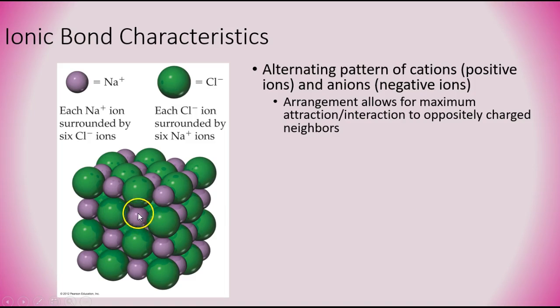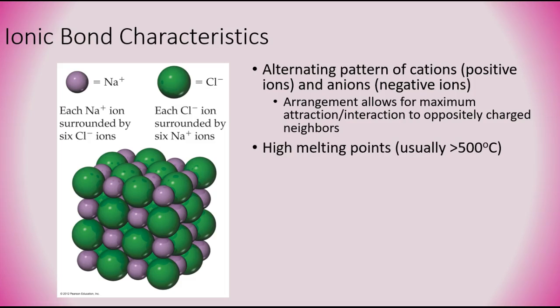Like these purple sodium ions are completely surrounded by the negative chloride ions and vice versa. Because of that maximized attraction, we see properties such as high melting points, usually above 500 degrees Celsius. Again, there are always exceptions to everything, but generally ionic compounds have very high melting points due to their structure and all the attractions around each and every single ion.